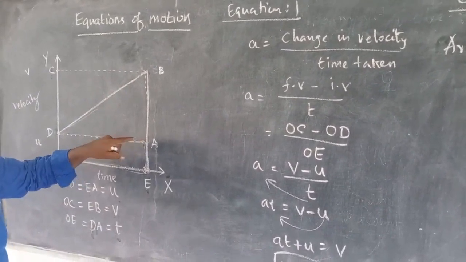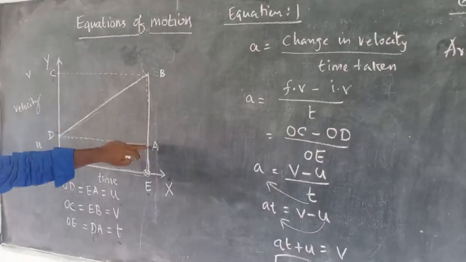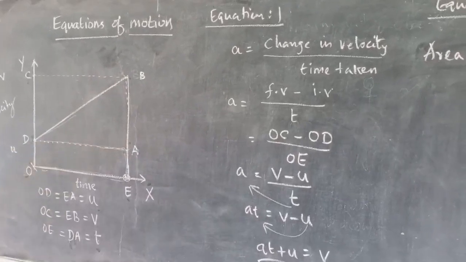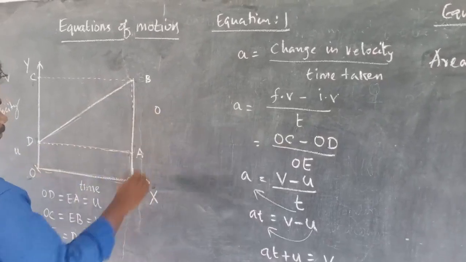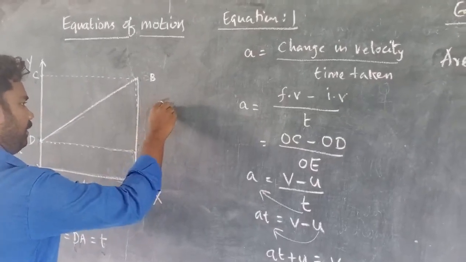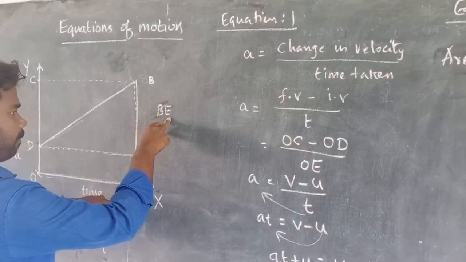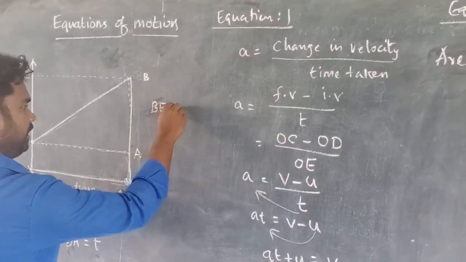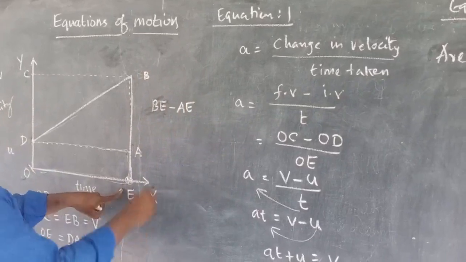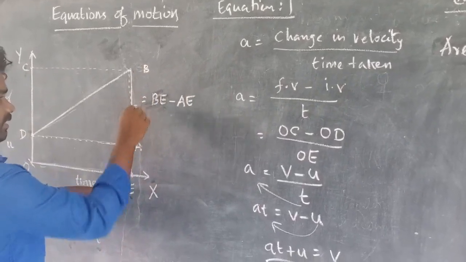What is the value of AB? It's a change in velocity. How can you find out the change in velocity? BE is the final velocity and AE is the initial velocity. This is the change in velocity.